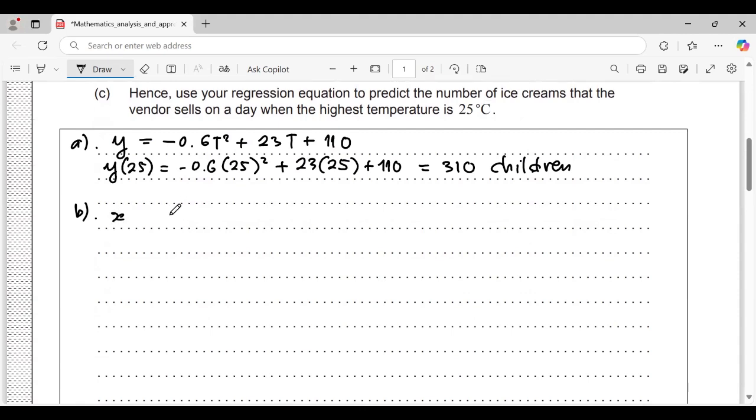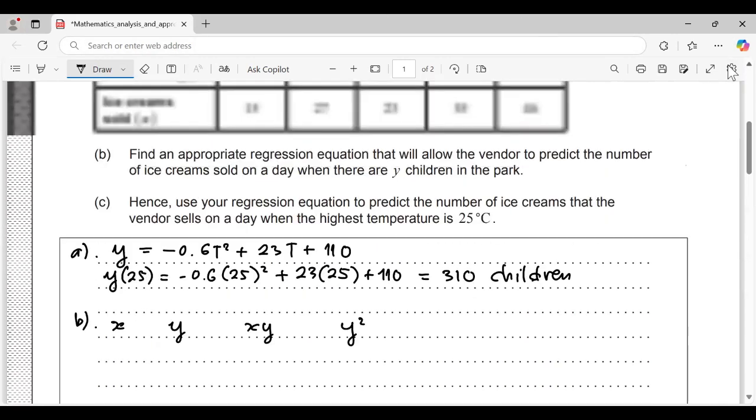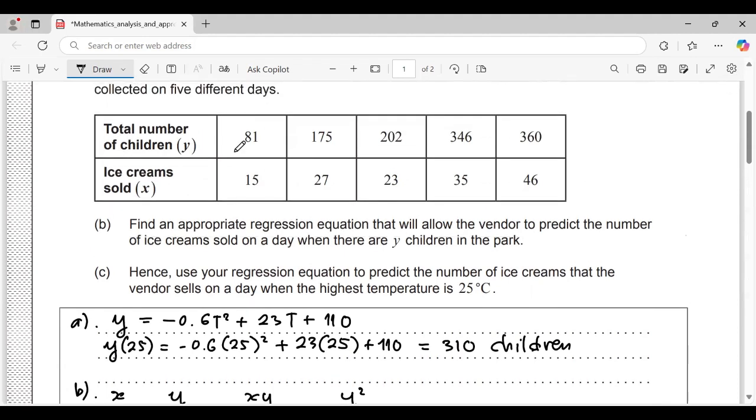The columns are x, y, xy, and y squared. The data from this table: these are x and these are y.